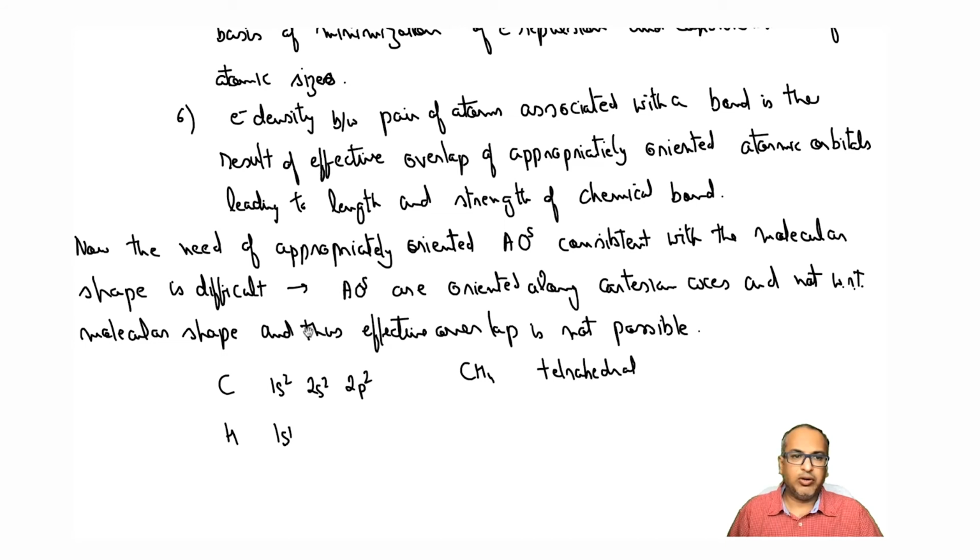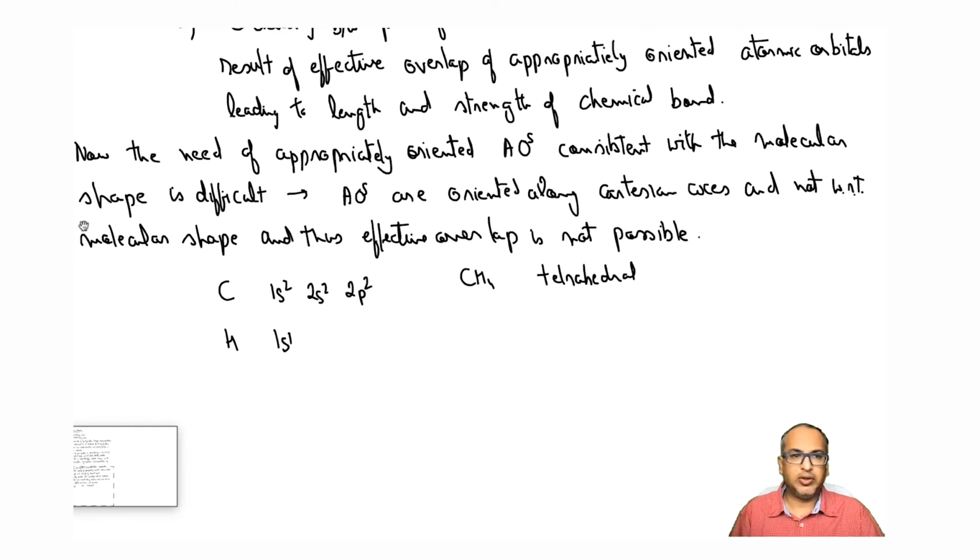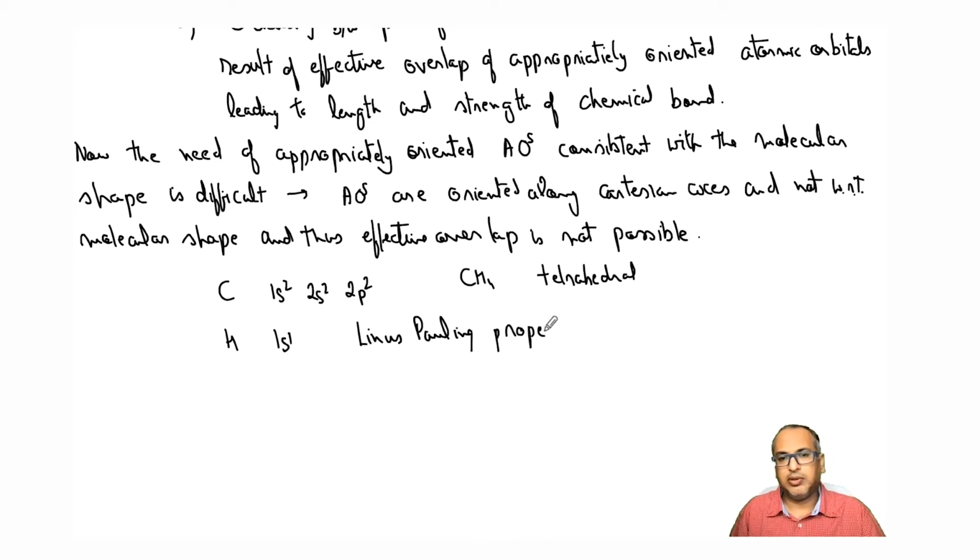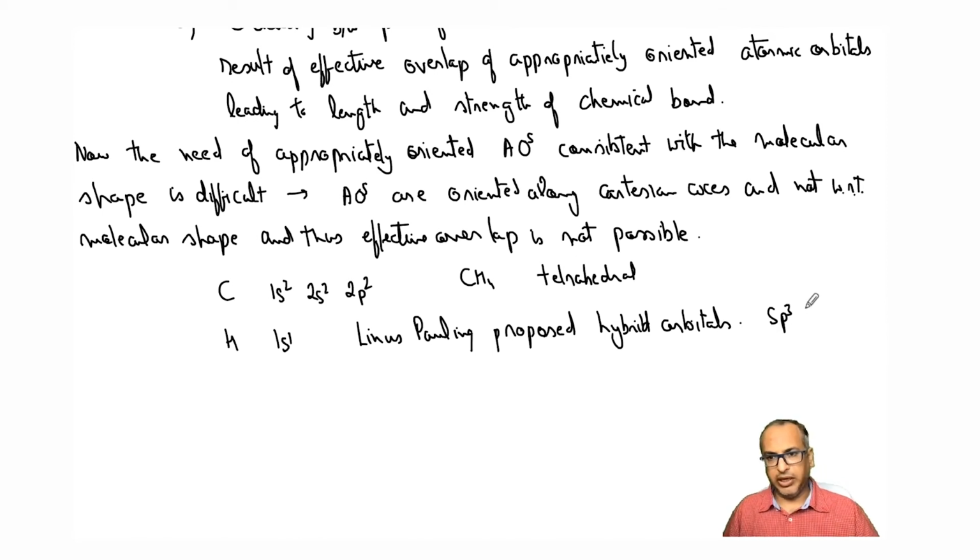So what do we do? What is the solution for this? Linus Pauling actually came up with a solution, and he proposed hybrid orbitals. Like we have learned how carbon is sp3 hybridized in CH4, right?